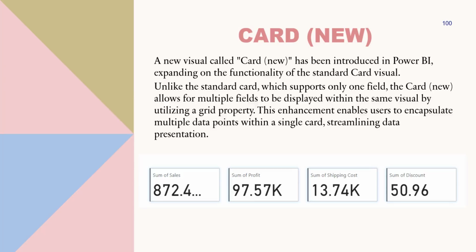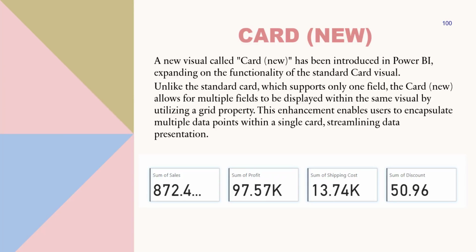Next is the card new. This visual has been introduced in Power BI, expanding on the functionality of the standard card visual, or you can say the classic card visual. Unlike the standard card visual, which supports only one field, basically the classic card only supports a single value, right?